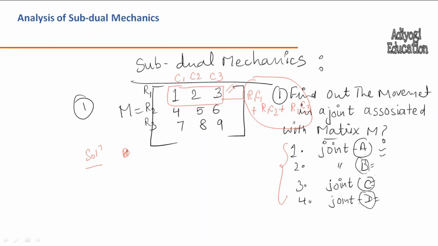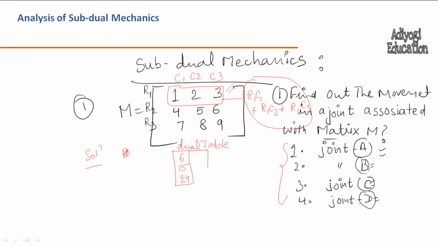Let's write down a small table called the dual table. 3 plus 2 is 5, 5 plus 1 is 6. 6 and 5 is 11, 11 and 4 is 15, 9 and 8 is 17, 17 and 7 is 24.